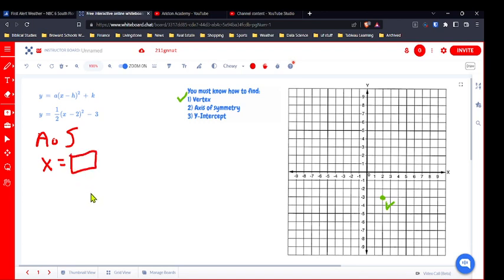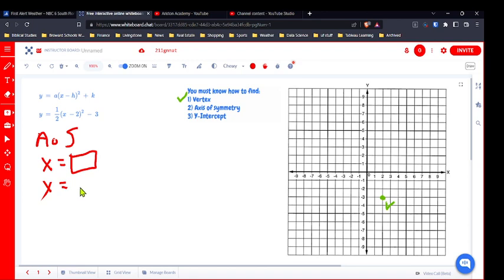All right. So let me tell you something else about axis of symmetry, and you should write this down in your notes. The axis of symmetry is a line that goes right down the middle of the parabola, which means that it goes right through the vertex. Okay, so it's easy actually to know what our axis of symmetry is.